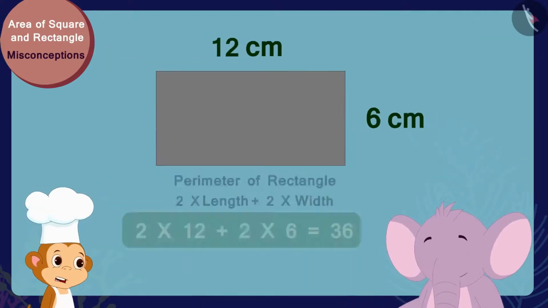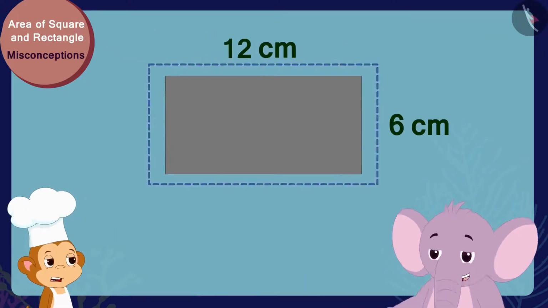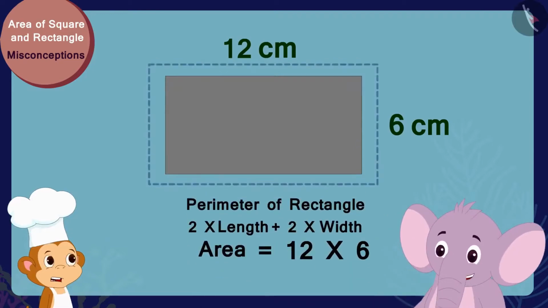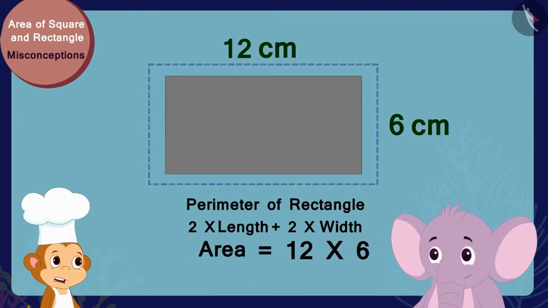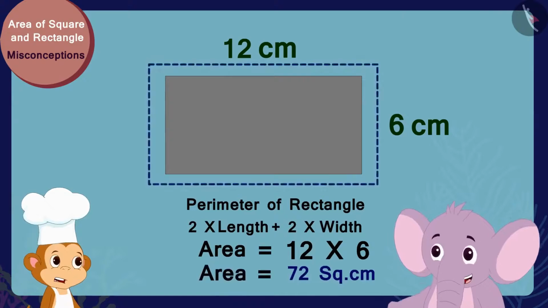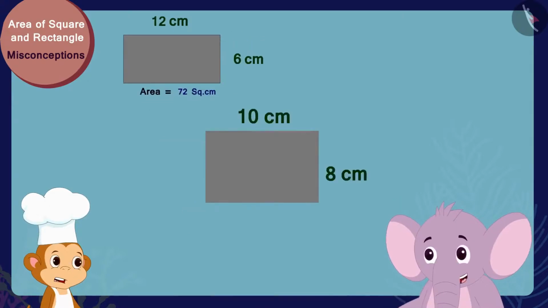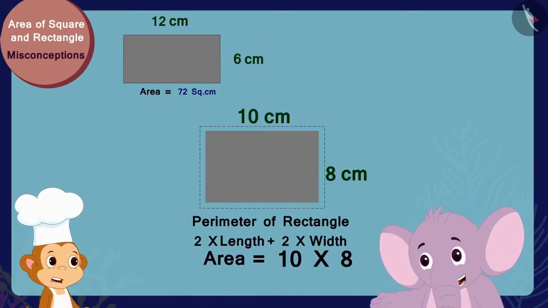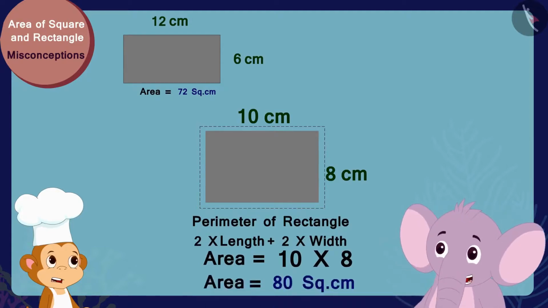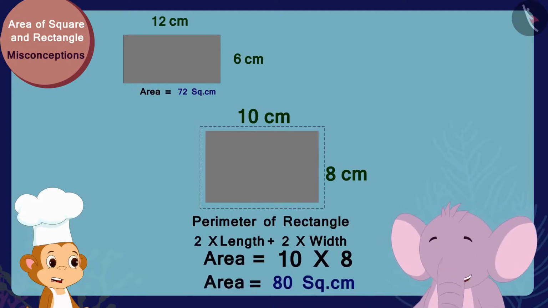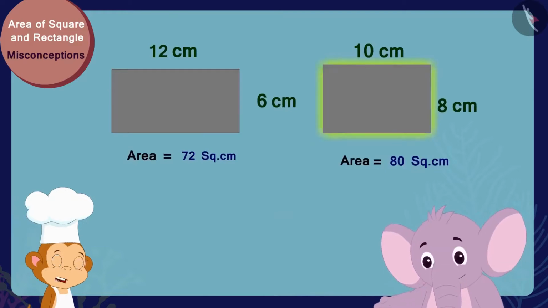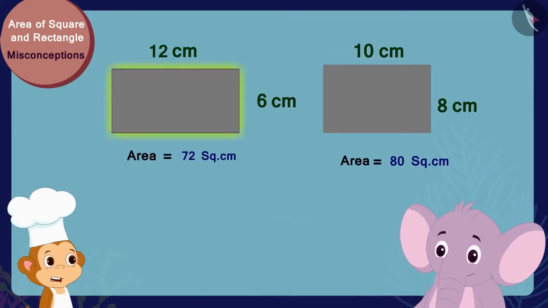Look, the area of this rectangle shaped tray will be 12 times 6 or 72 square centimeters, and the area of this rectangle shaped tray will be 10 times 8 or 80 square centimeters. So, this tray is bigger than this tray.